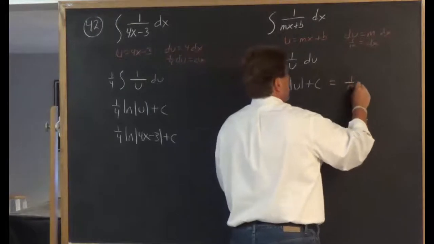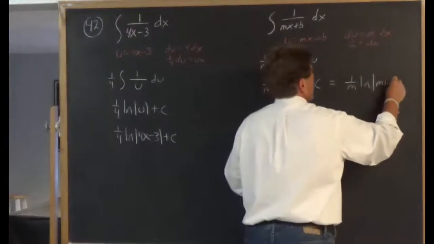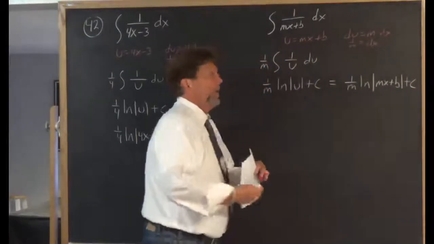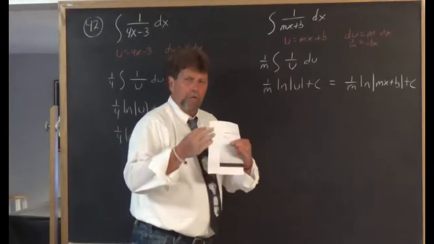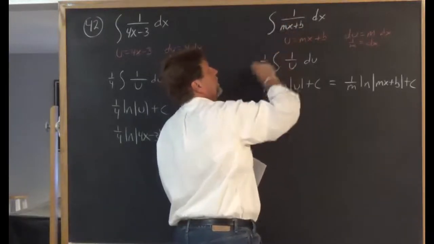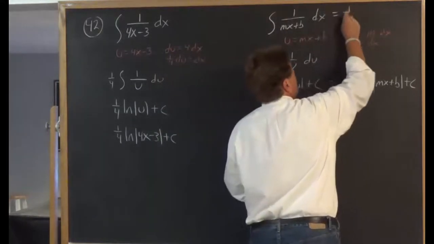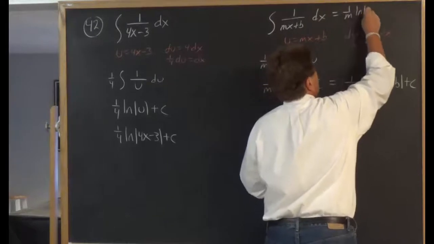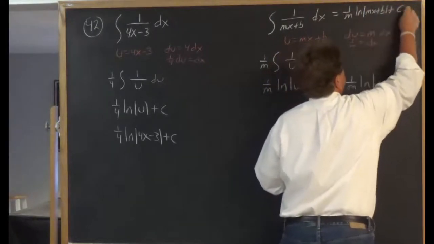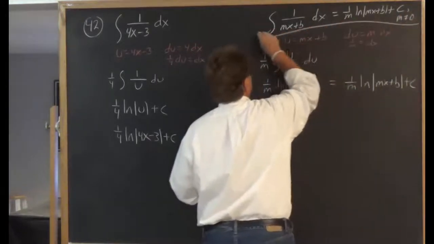That's 1 over m, natural log, absolute value, mx plus b plus c. So we have just developed the following rule, if you will. The antiderivative of 1 over mx plus b equals 1 over m, the natural log of absolute value mx plus b plus c, and of course that's true for m not equaling 0.